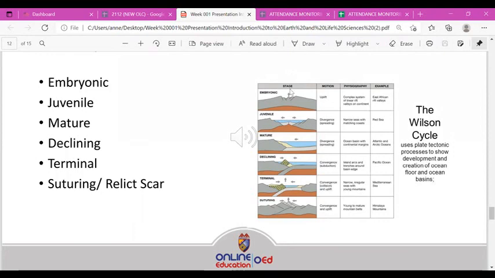In the embryonic stage, since the movement is uplift, the complex system of linear deep valleys on continent forms. Best example of this is the East African Rift Valley.